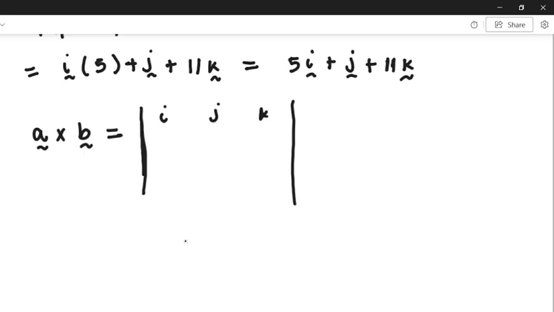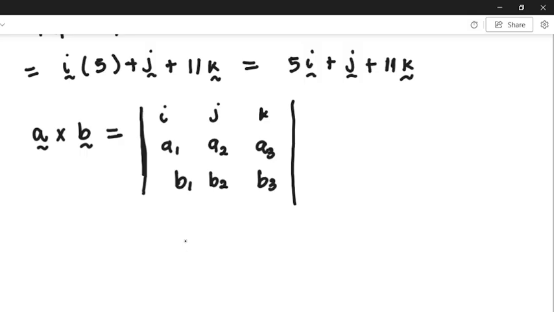and then you have A, B, C. So you have A1, A2, A3, B1, B2, B3.